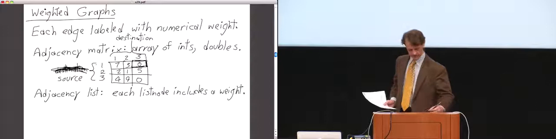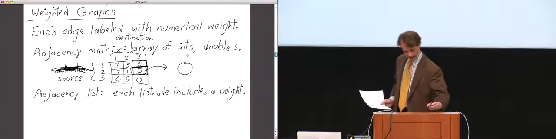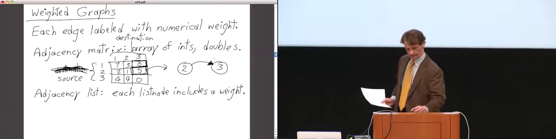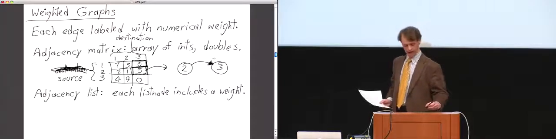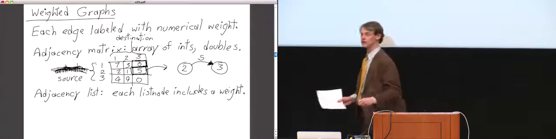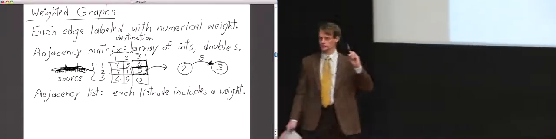So, for instance, this box here with the 5 in it means that there is an edge that goes from source vertex 2 to vertex 3, and that edge has a weight of 5, and I'll usually draw that by writing the number next to the edge in the graph. So does that answer your question, or what's your question?